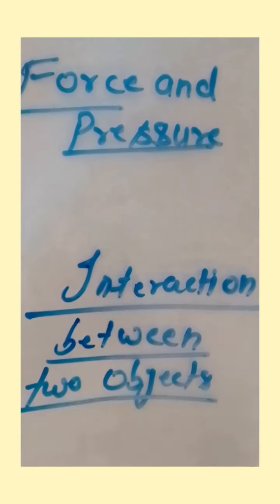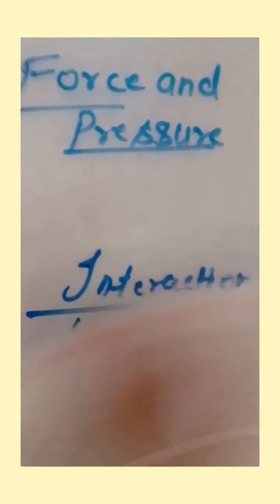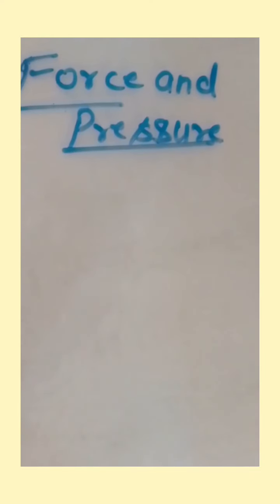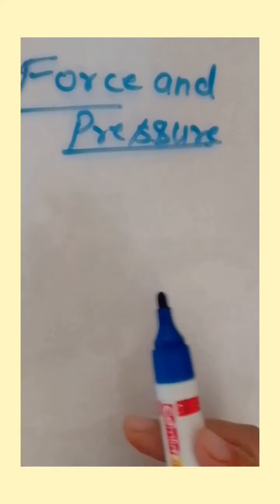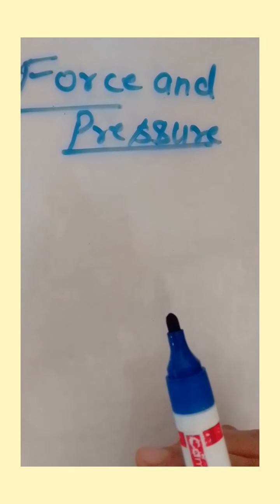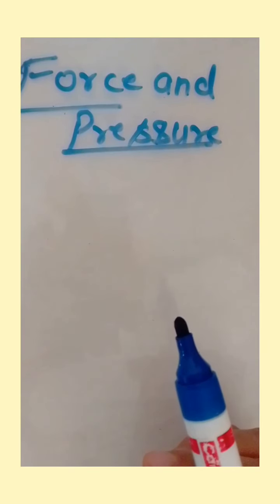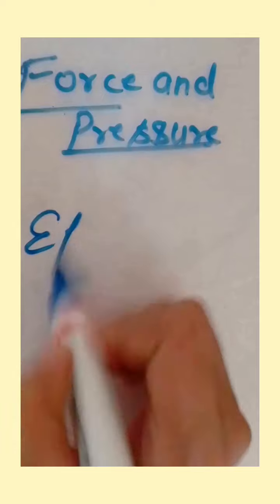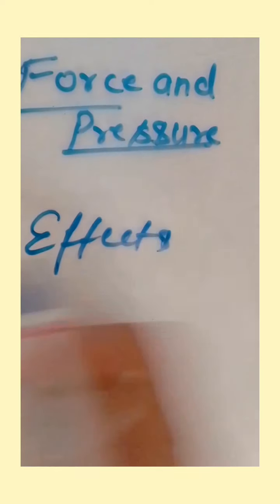Right? So the precise definition of force will be simple, that simply force is a push or pull that results from interaction between two objects. Right? That is called force. Now, what are the effects of force?